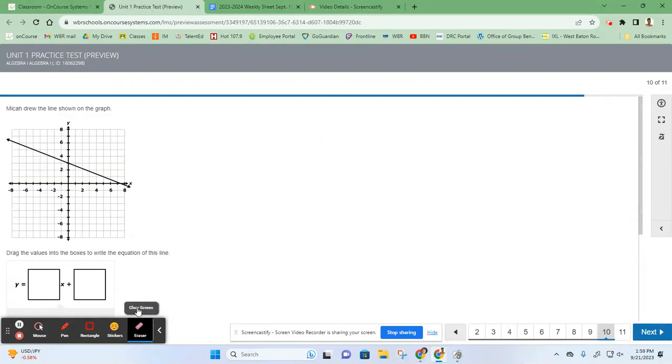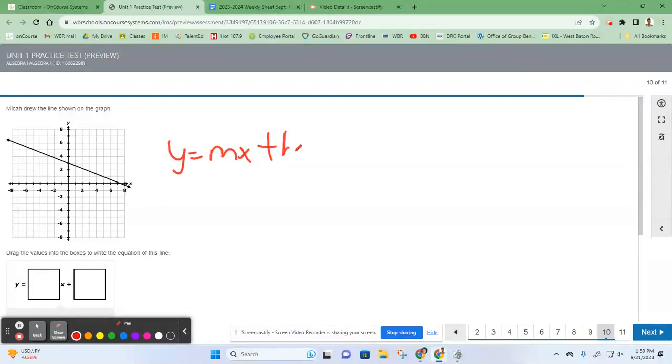Next, write the equation of the line on the graph. Drag the values to the boxes to write the equation. So here's my equation. Remember, we can go back to y equals mx plus b on this. We don't have to think about it as a function anymore. But I know that m stands for my slope. So my slope from this point, here's a pretty point here, I would go down 2 over 5.